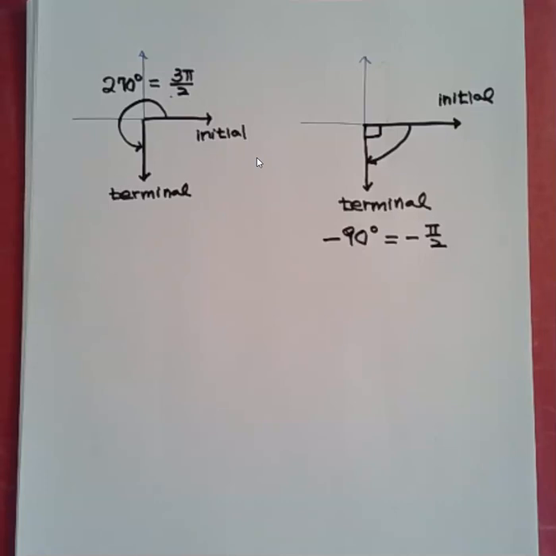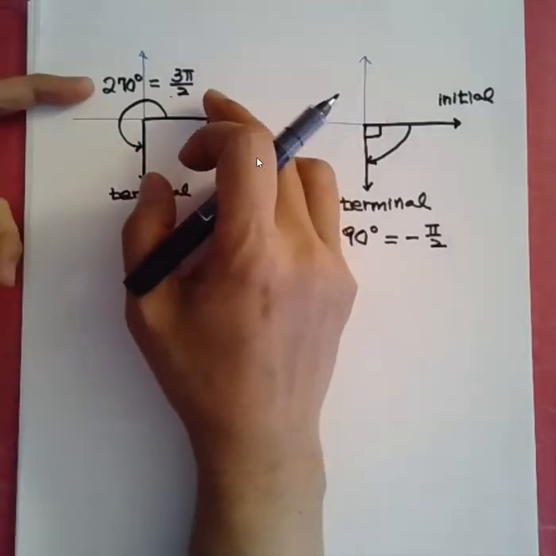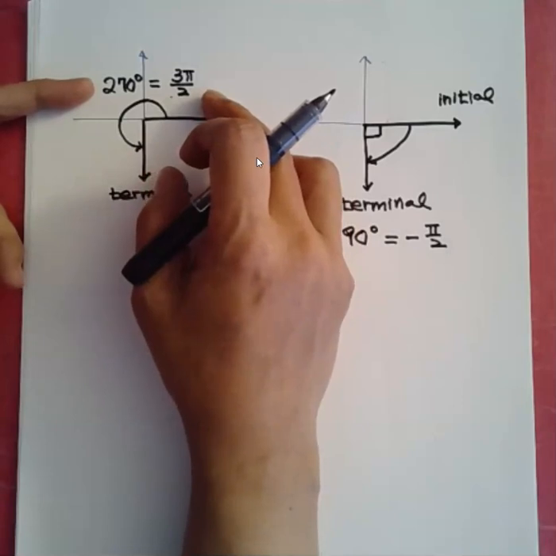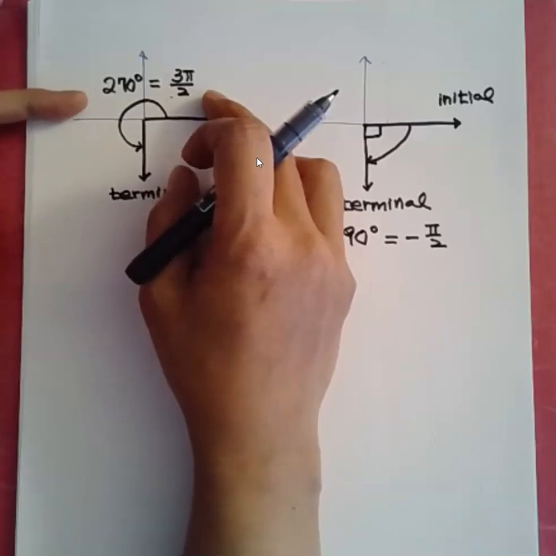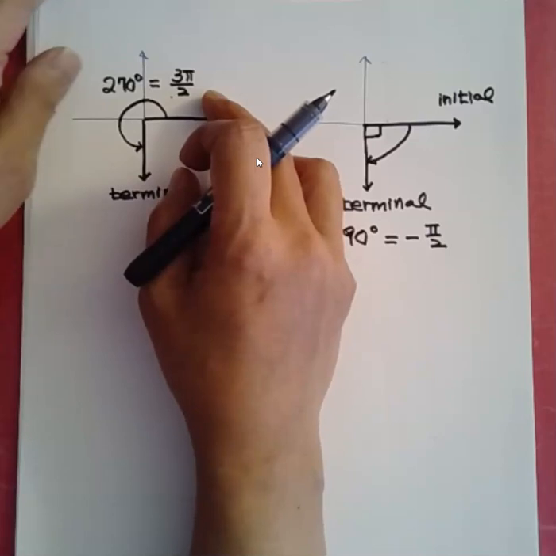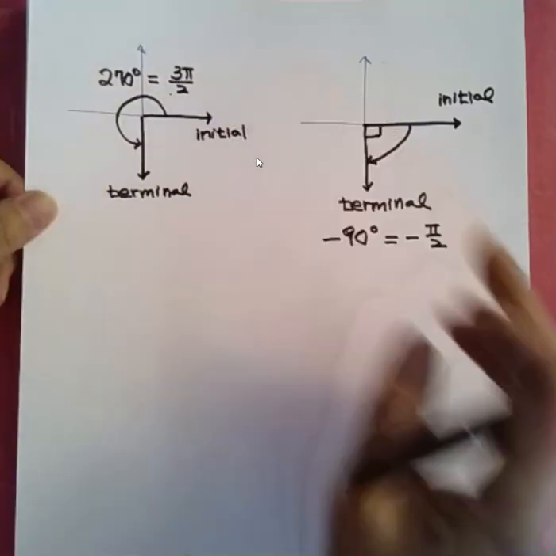We discussed radian measure and degree measure. We know that 360 degrees is 2 pi. So we discussed how the angles correspond to each other. Whatever the angle given, either in degrees or radians, we can convert that to the other angle measurement.